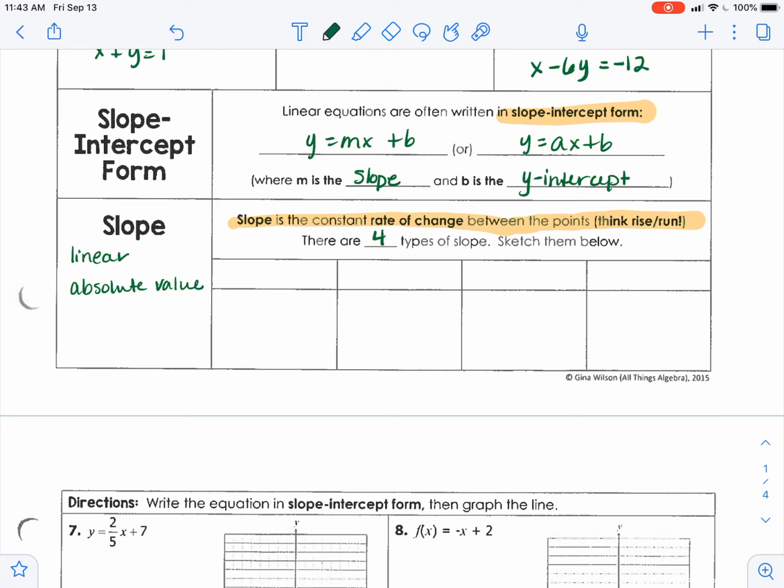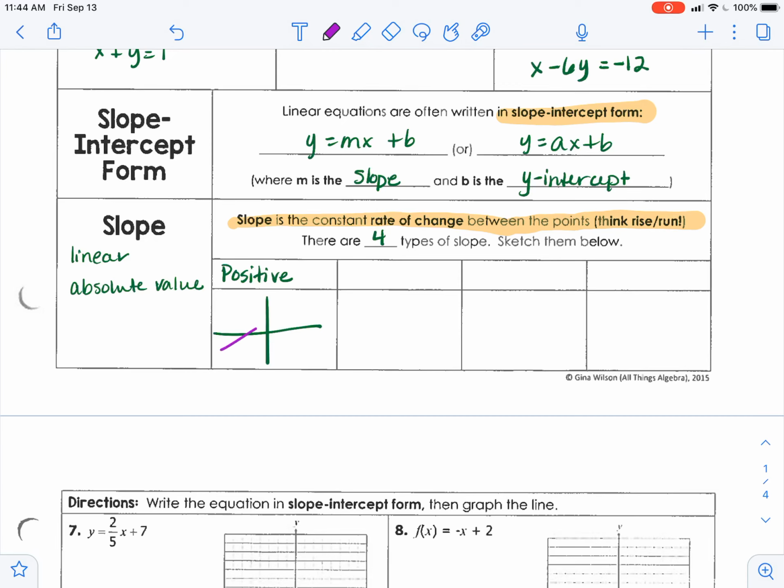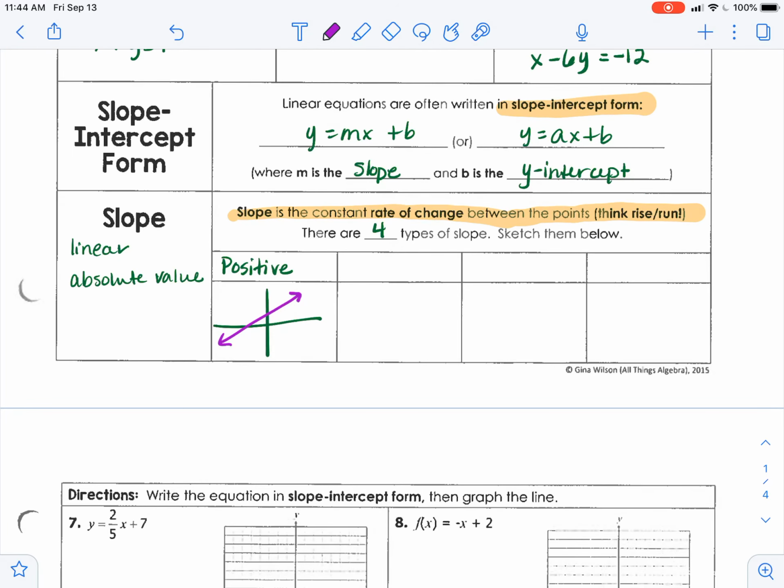So the first one is a positive slope. And what that looks like is a graph in which from left to right, we're going up. So it is increasing left to right, okay? And I always think of it, if you draw a little vehicle here, you're going up the hill, okay?